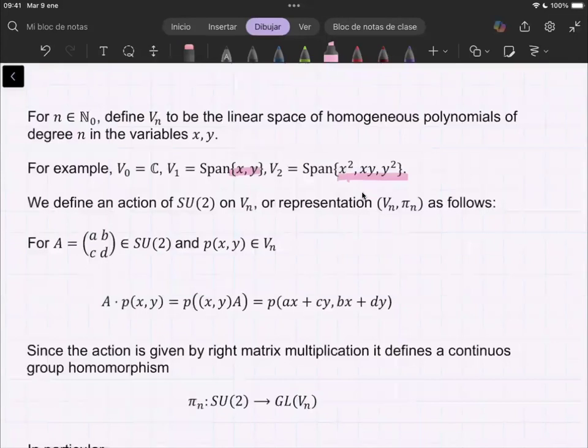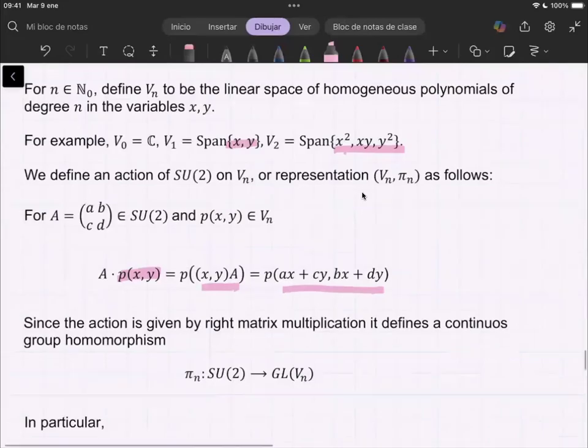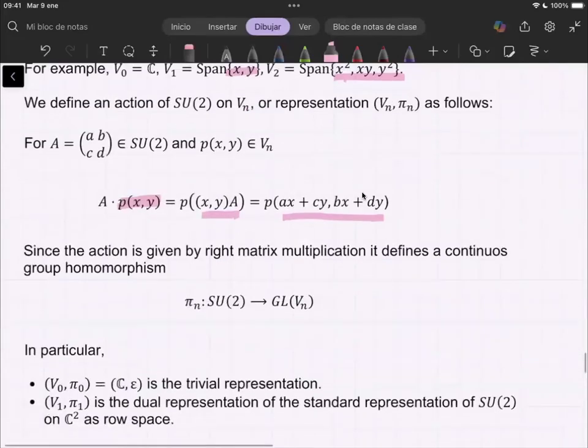So how do we define the action? We take any homogeneous polynomial in these two variables, and we multiply by a matrix on the right. We think of x and y as a row, we multiply on the right, and we get again a row like this, and then we evaluate the polynomial. So in some sense, we are acting on a dual space, because we are acting on polynomials.